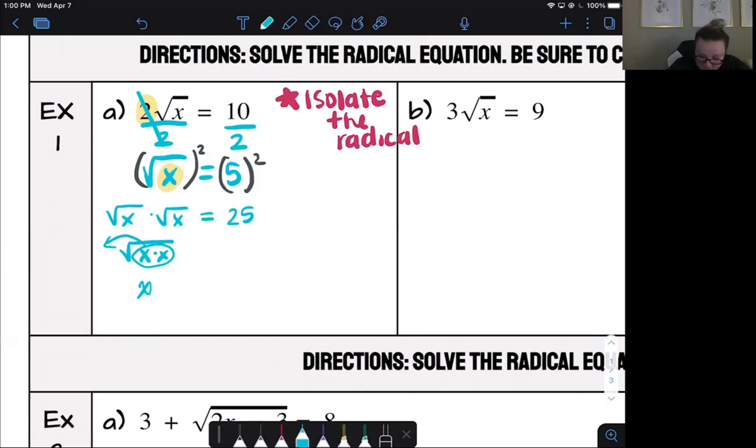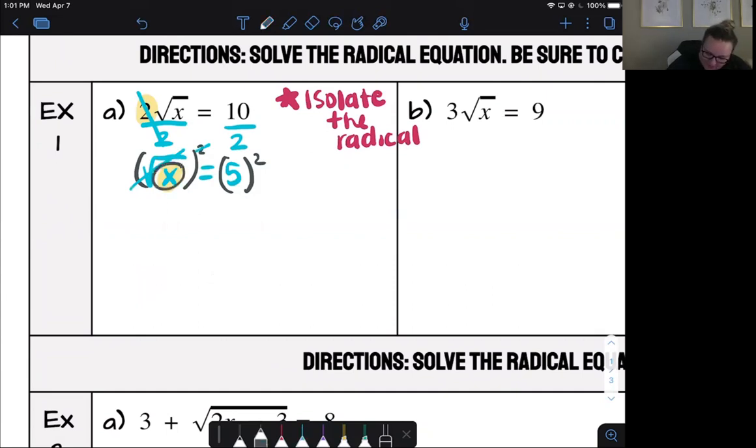There's nothing left in the radical. I'm done with it. So I'm left with x equals 25. So what happens is when you square root a square, the square and the square root cancel each other. And you're left with simply what was under the radical, which is x. And so we get x is equal to 25.